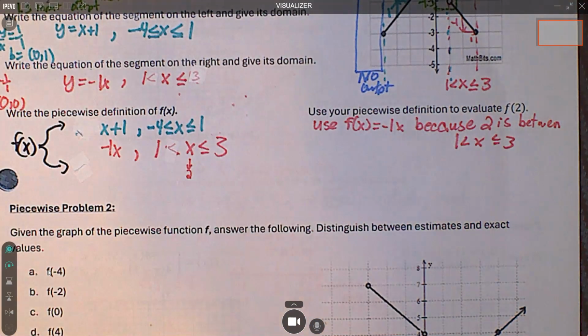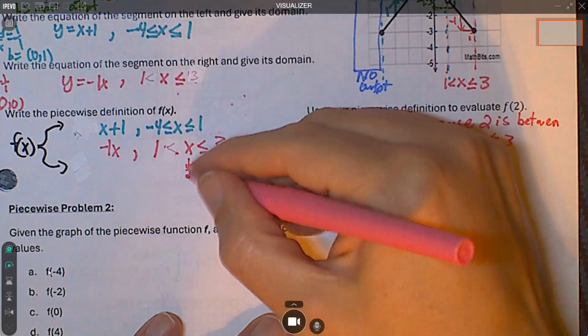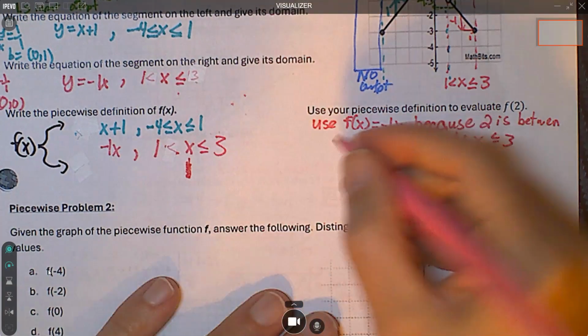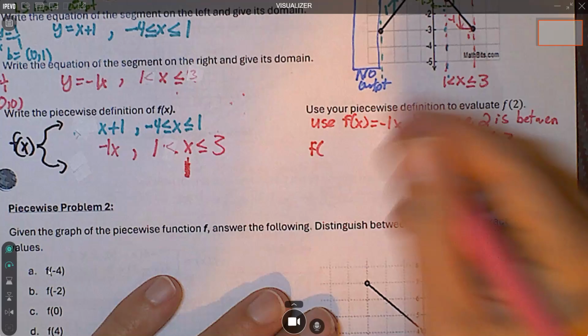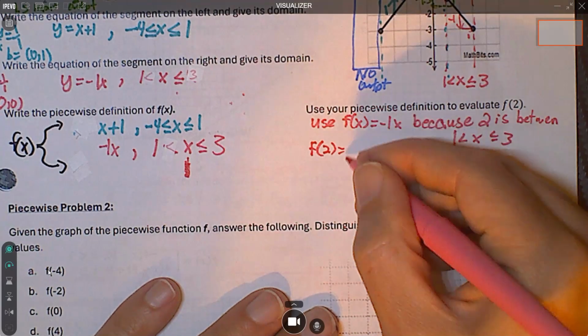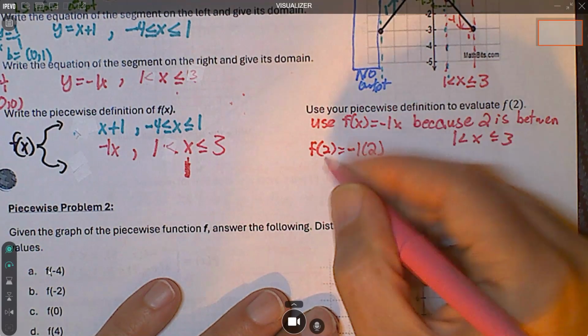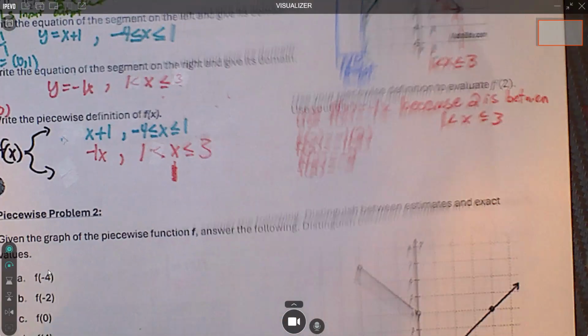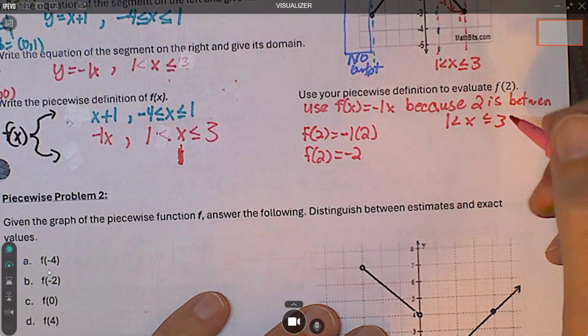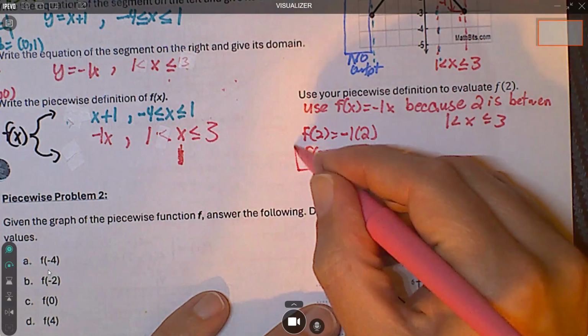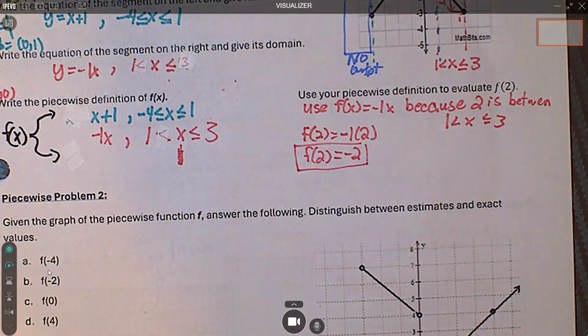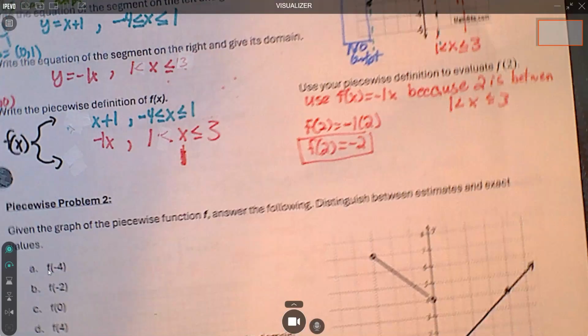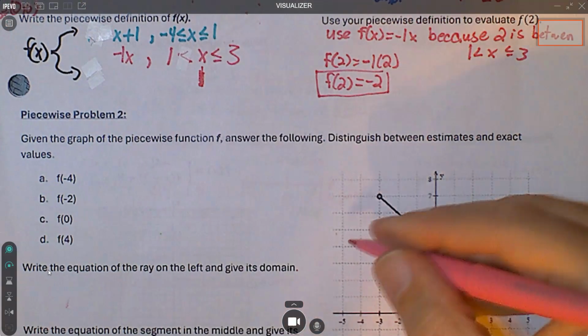Okay, so that's why you'd use that one. Now you go f of 2, negative 1 times 2. Okay, f of negative 4.